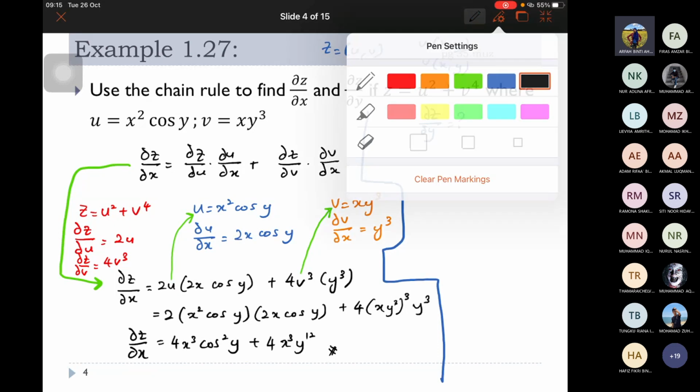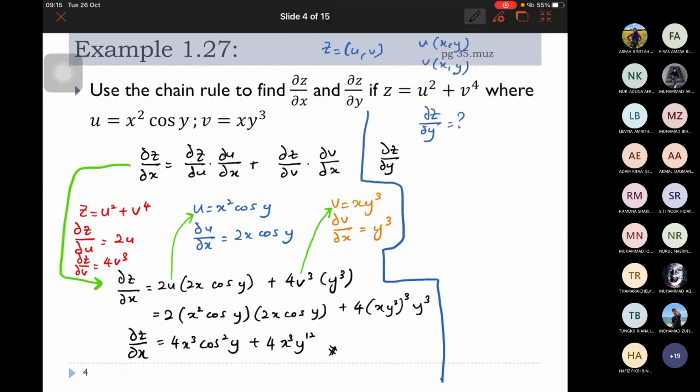So delta Z over delta Y akan sama dengan delta Z over delta U multiply with delta U over delta Y plus delta Z over delta V multiply with delta V over delta Y. Okay.